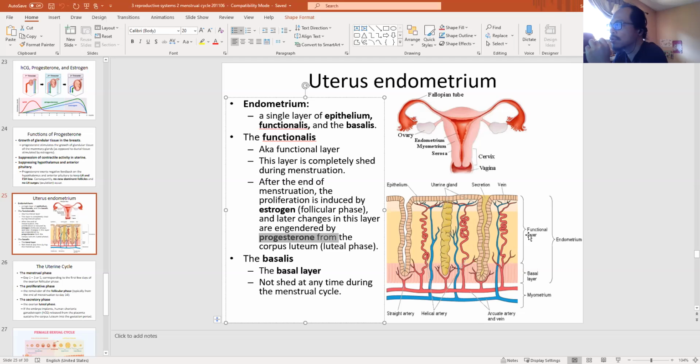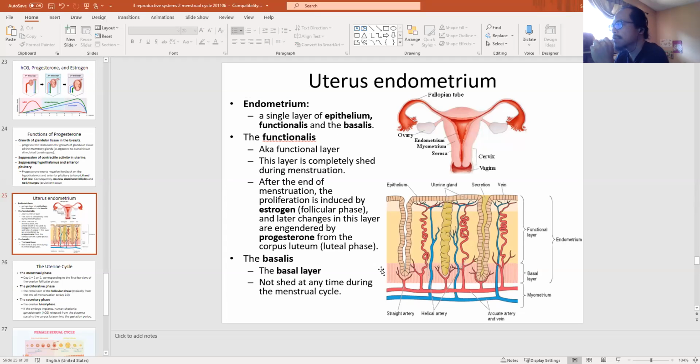This tissue includes two regions, the functional layer and the basal layer. The functional layer is also called the functional lis, and the basal layer is also called the basal lis.